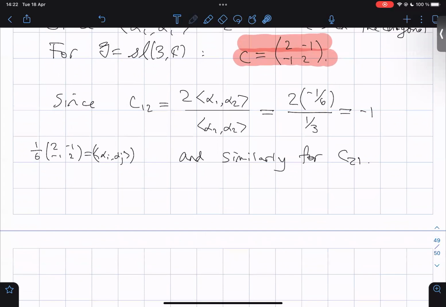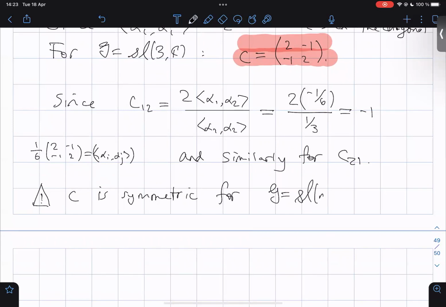Just as a warning, C is symmetric for the SL series. We'll see that later.